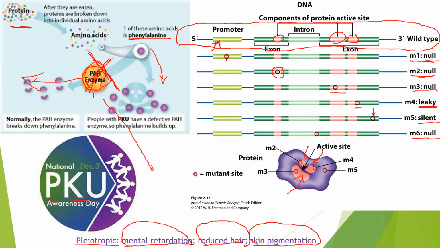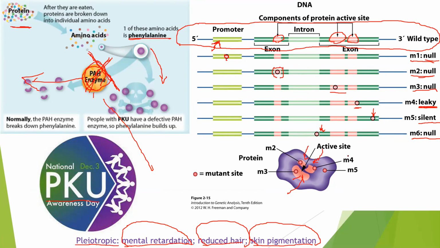Why? Even though this occurs close to the green region, it occurs somewhere between the intron and the exon. When the gene is transcribed to form a messenger RNA, the intron will be spliced out.